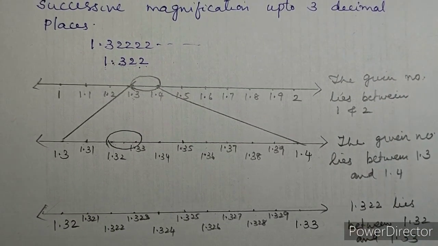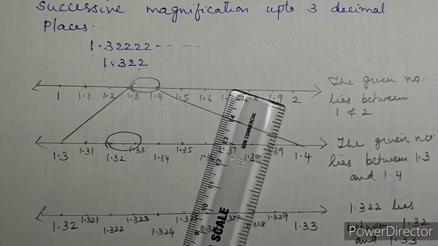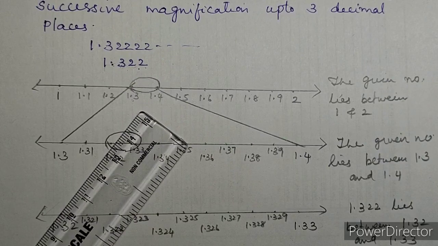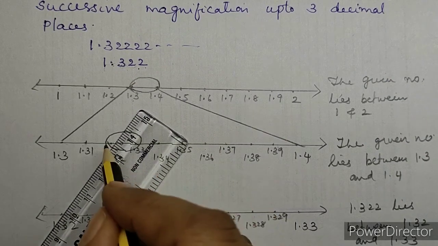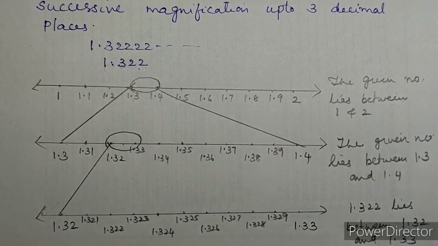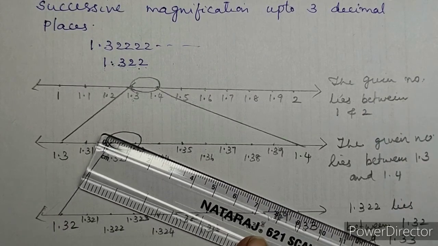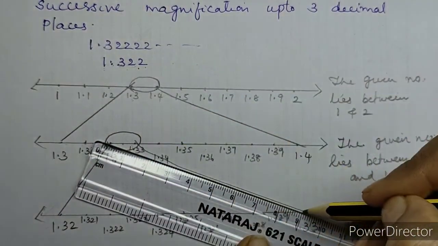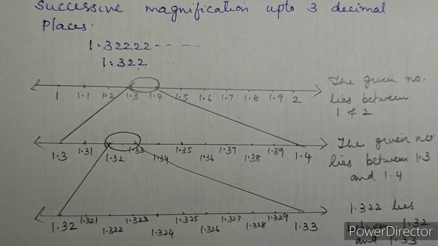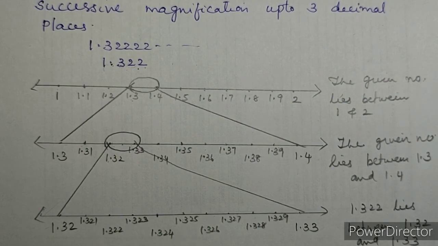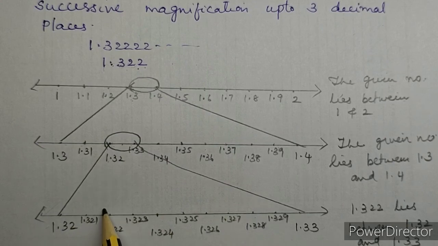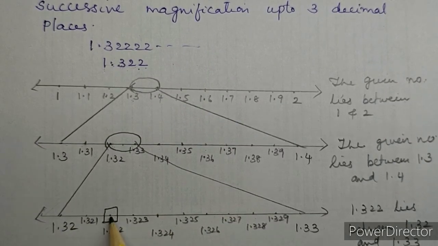So now draw the scale lines. Now where is the exact point of 1.322? In this number line you can see it is visible here. This is the point 1.322. So the exact point on the number line you have magnified and shown.